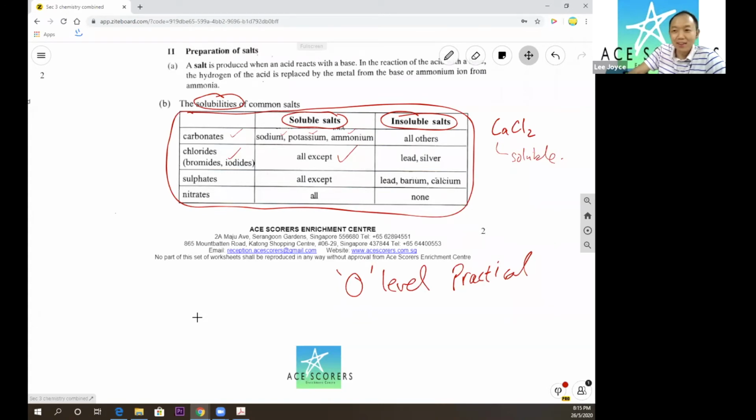Understand? Calcium chloride. Okay, let's try another one. Let's say they give you lead sulfate, PbSO4. Okay, you try. Is PbSO4 soluble or insoluble?